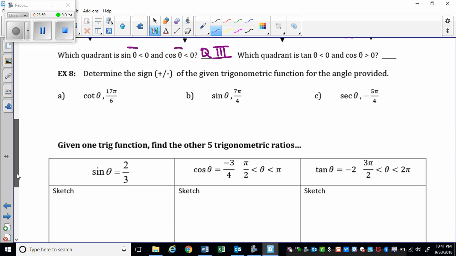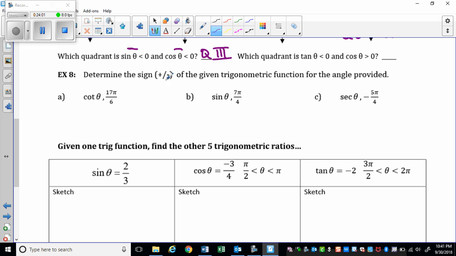Alrighty, let's try this. It says, determine the sign of the given trigonometric function for the angle provided. So what is cotangent at 17 pi over 6? I need to know where 17 pi over 6 is.